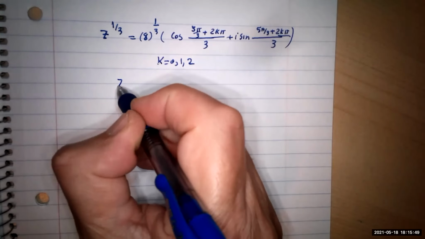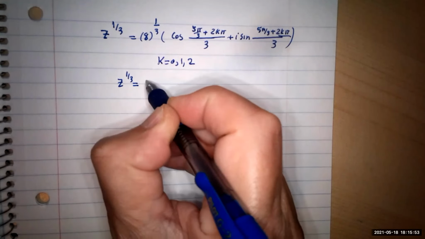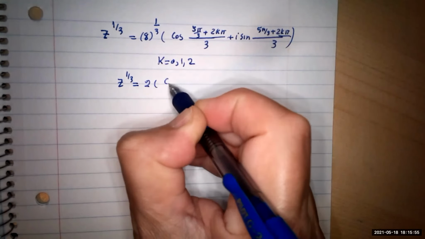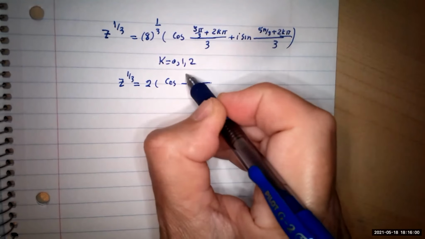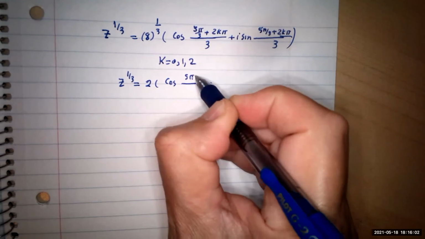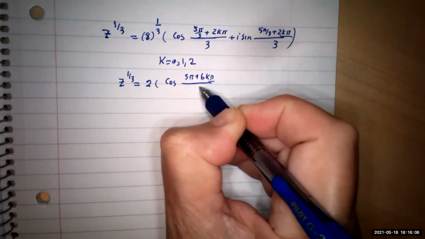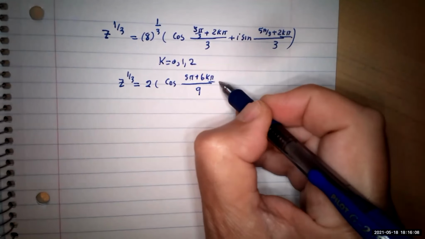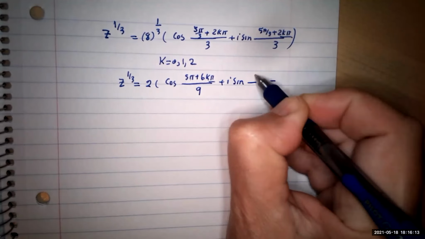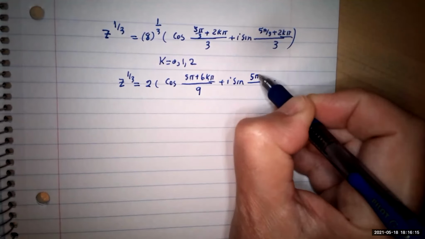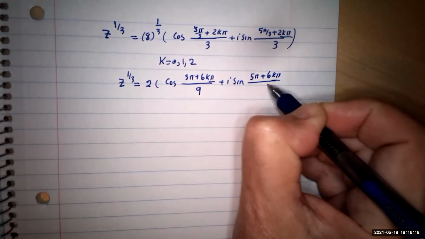So we can rewrite it as z to the 1/3 equals 2 times cosine of, multiplying the top and the bottom by 3, (5 pi plus 6k pi) divided by 9, plus i sine of (5 pi again, plus 6k pi) divided by 9.